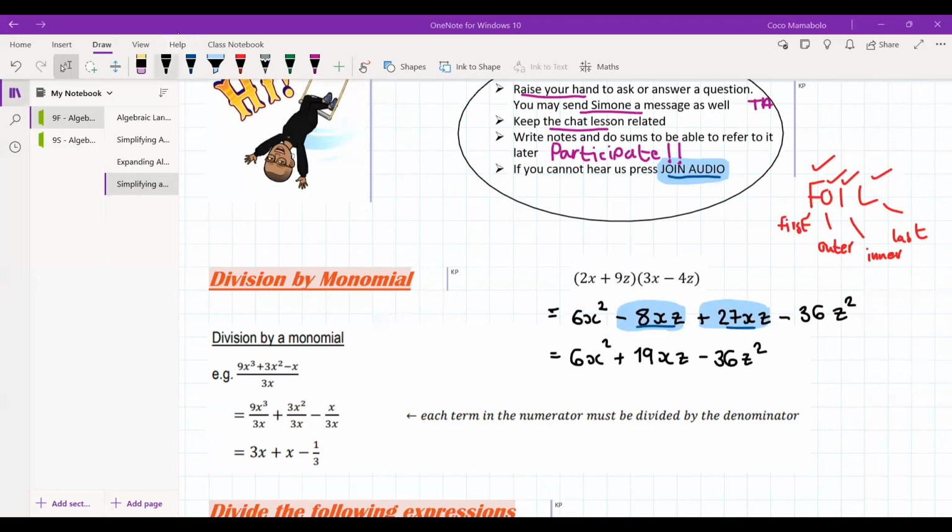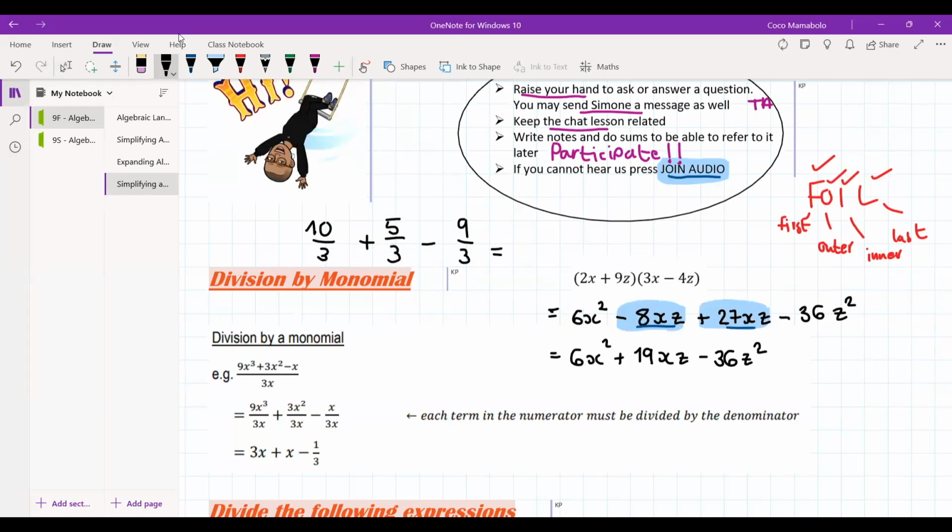So if I said to you guys that I have 10 over 3 plus 5 over 3 minus 9 over 3, what are you guys going to tell me the answer is?